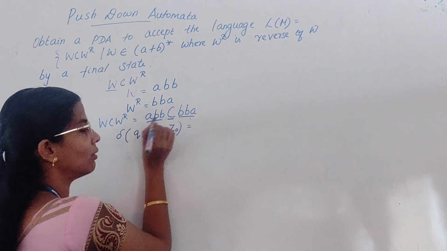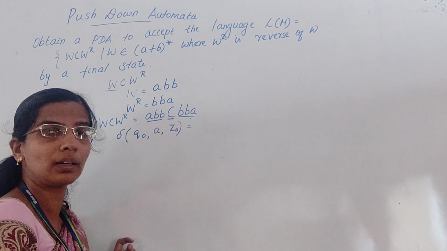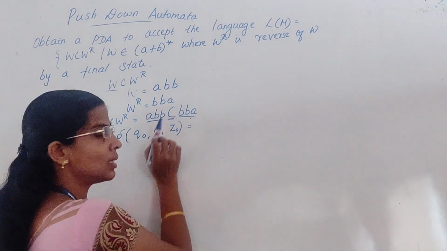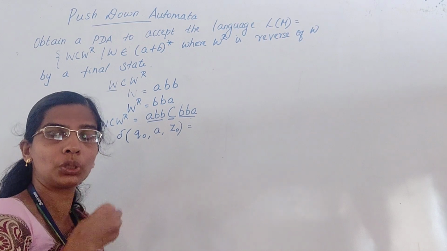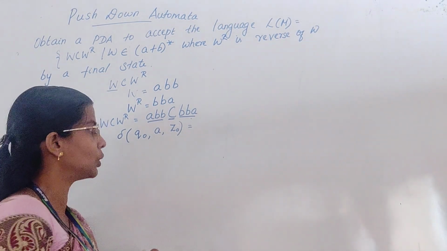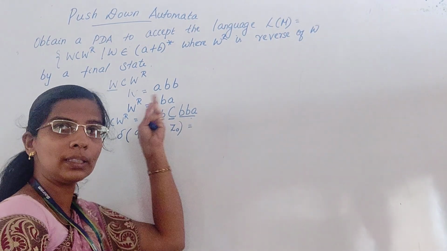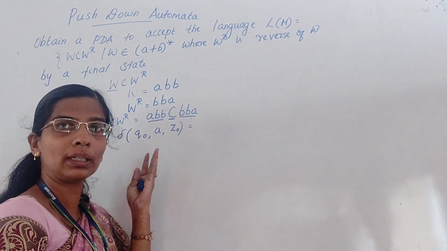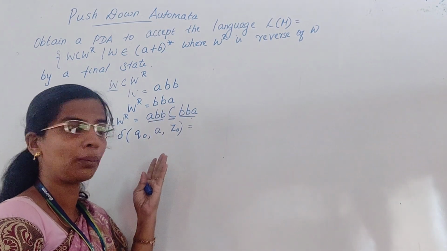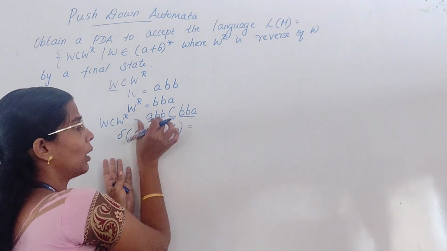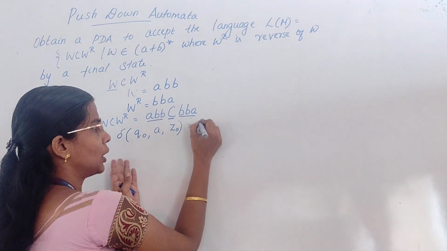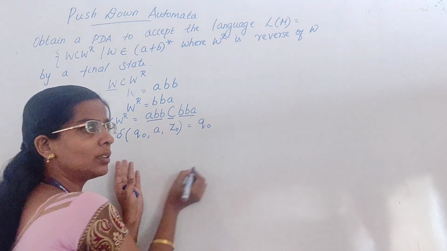Before the C, you have the string W. So until you reach this symbol C, you can push. So the first symbol, in this example I have taken A, but as I told, it can be either A or B. If it is A, what I told, complete W I have to push. I will be in the same state.